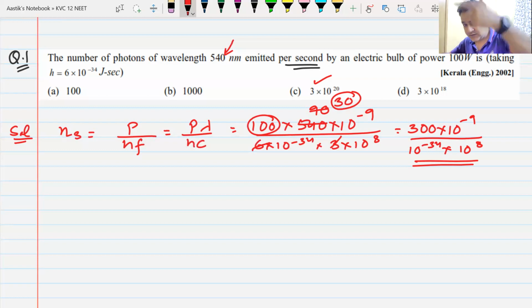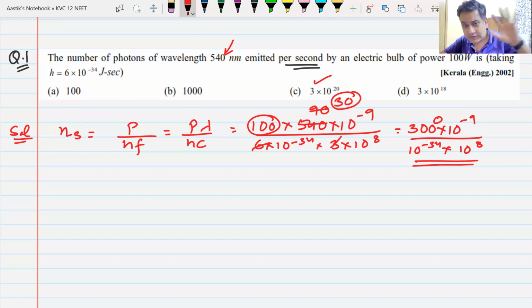When a -26 comes from the bottom to the top, it becomes +26. +26 -9 is, I think, 15 or 14, something like that. So you will get the answer. Got this, yes or no? Yes, sir. Everyone got this? This is not 3000, this is 30,000. Everyone got this?